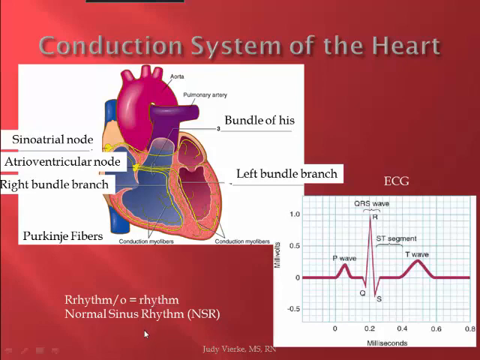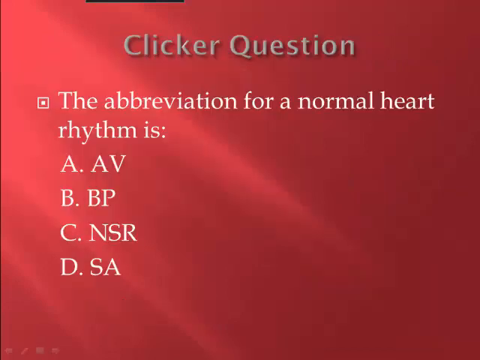So if that happens and we get that rhythm on our EKG, it came from the sinoatrial node and went through all normally. We call it normal sinus rhythm, which is abbreviated NSR or just SR. We can have disturbances in this rhythm, which could cause arrhythmias or dysrhythmias.